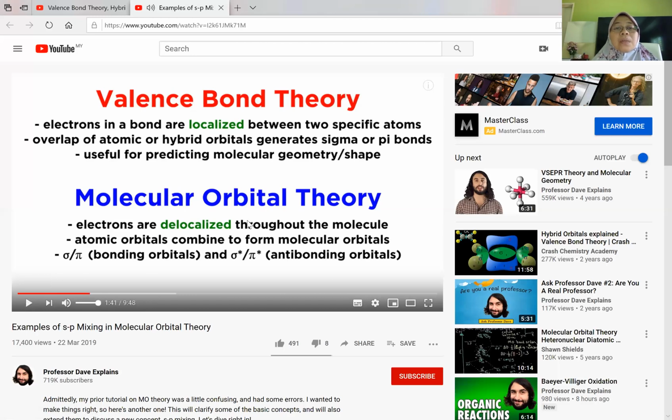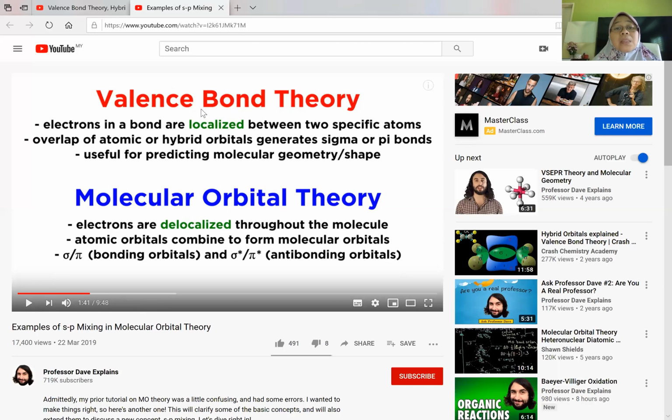So we stop here. It is important for you to understand these differences first. One is valence bond theory, considering valence electrons only, whereas molecular orbital theory considers the total number of electrons, okay?